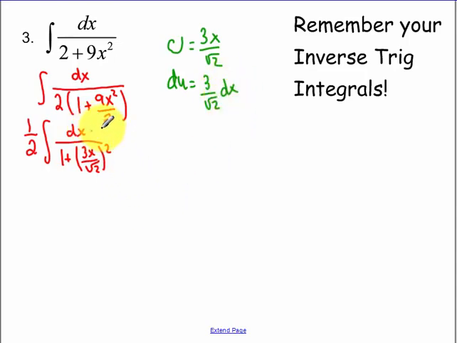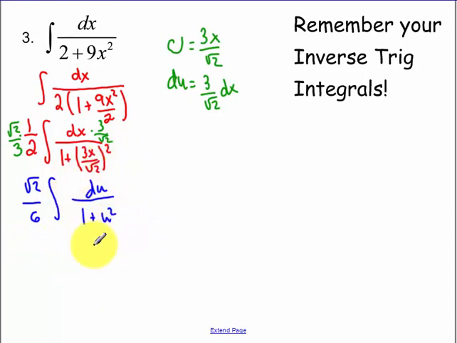So I need to multiply by 3 over root 2 on the inside and root 2 over 3 on the outside. Now simplifying the outside, I get root 2 over 6. The integral, the numerator becomes my du. The denominator becomes 1 plus u squared.